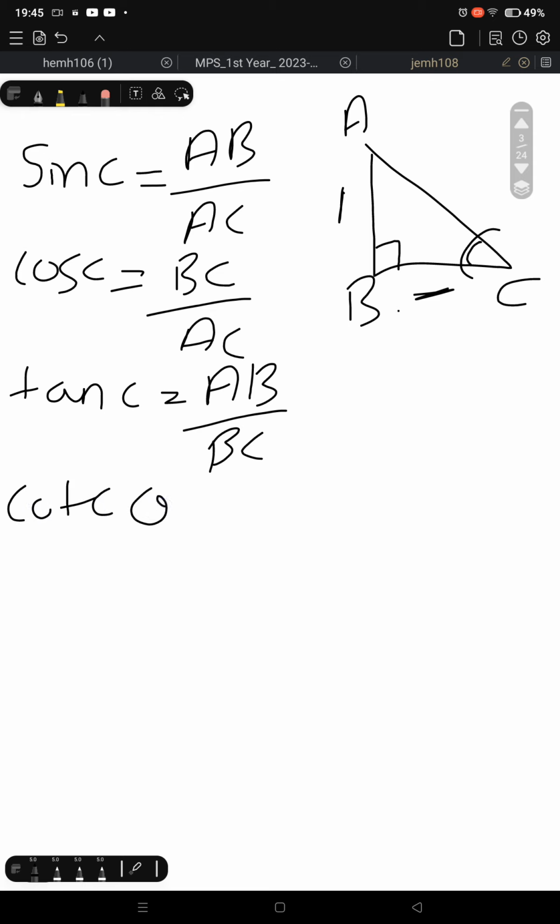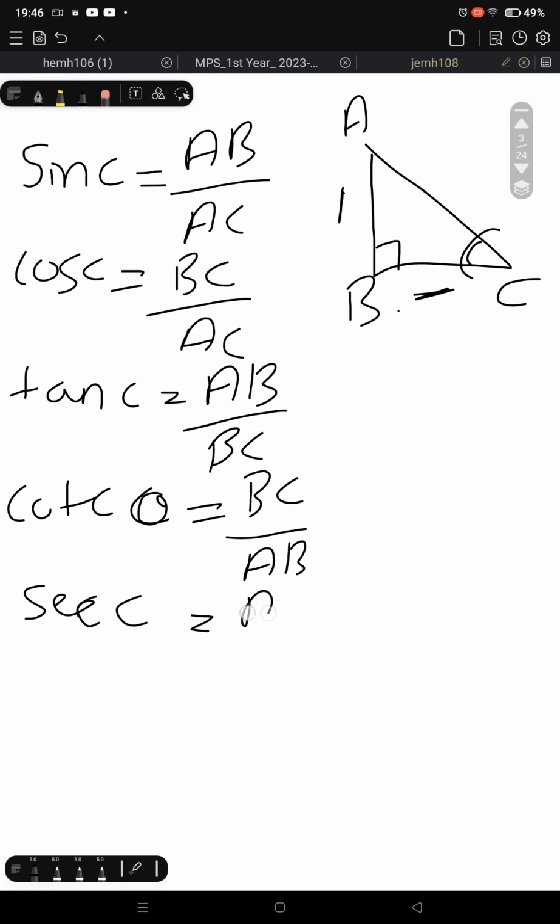Cot C is adjacent divided by opposite, that is BC divided by AB. Next comes sec C. Sec C is hypotenuse divided by adjacent: hypotenuse AC, adjacent BC.